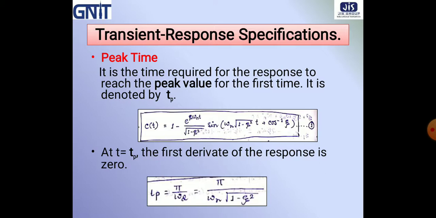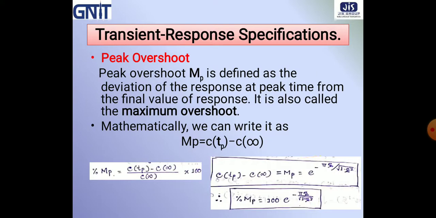So at peak time, the first derivative of the response will be 0. If we apply the first derivative of equation number 1, then we can get Tp is equal to pi by omega d, that is pi by omega n root under of 1 minus zeta square. That is our peak time.